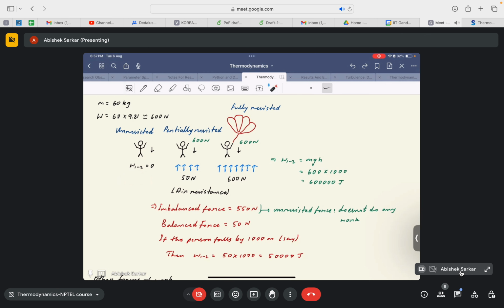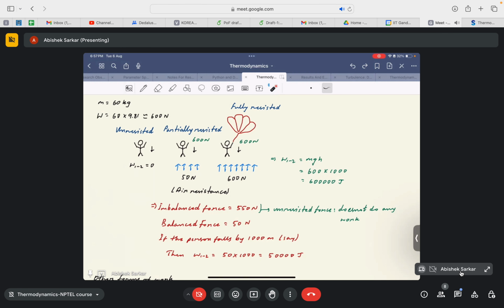Okay. In the case of a partially resisted fall, where the weight of the person is again 600 newton and the air resistance provided by the atmosphere is say 50 newton, in that case the net work done would only be equal to the resistance that the person feels times the height through which he falls.